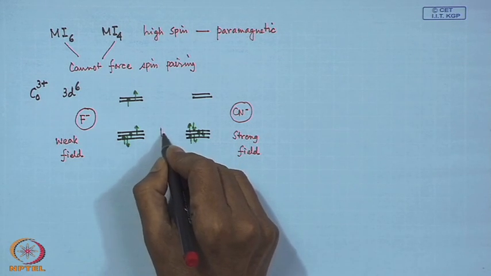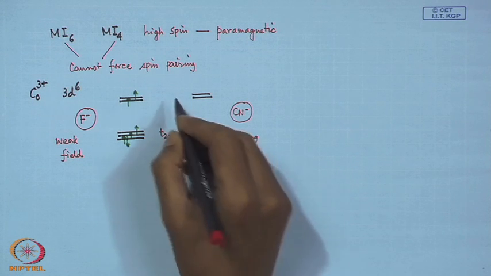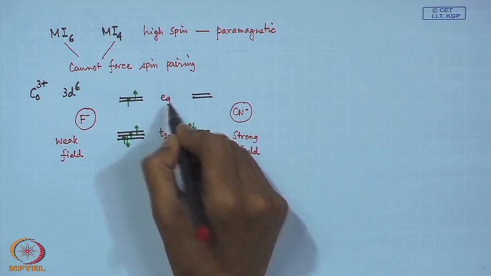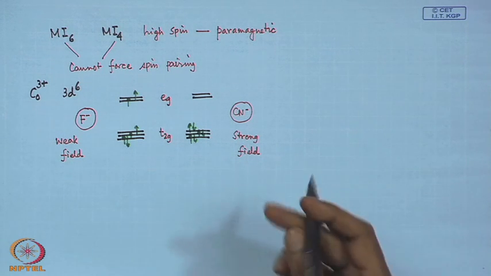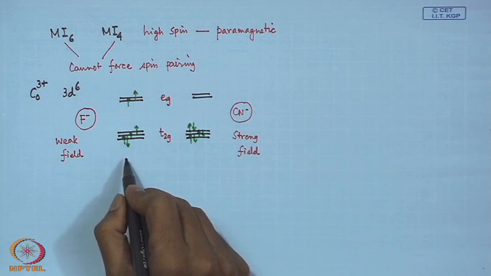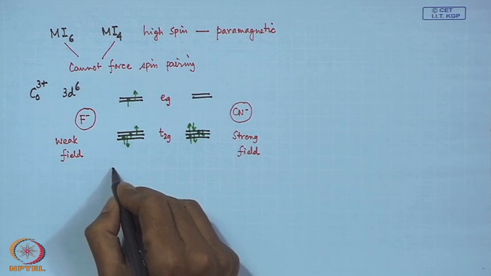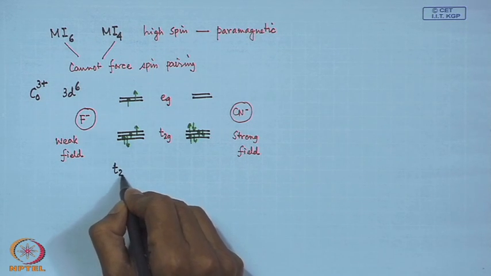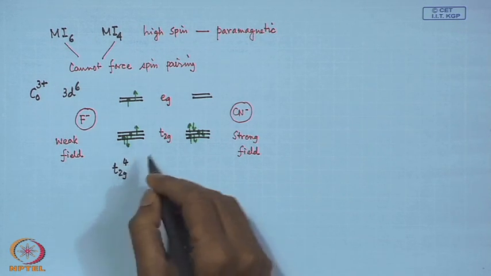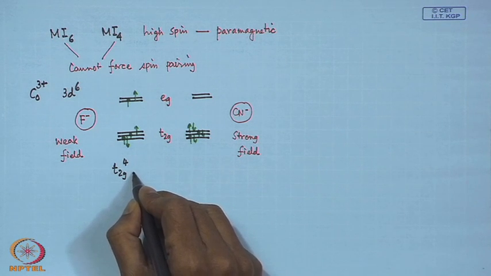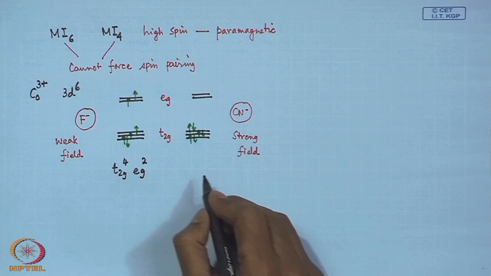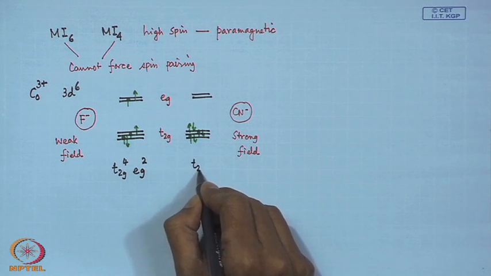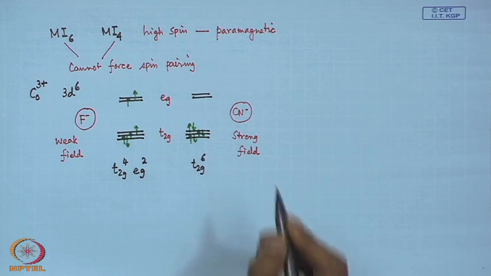These two are the T2G, these two are the EG level. So, in this particular situation, we can write this one as T2G4 EG2, and this one as T2G6.